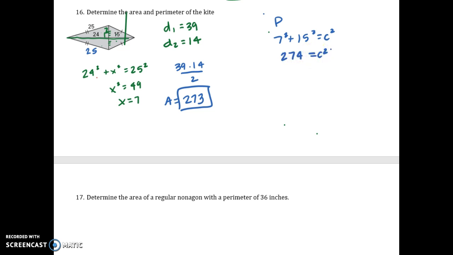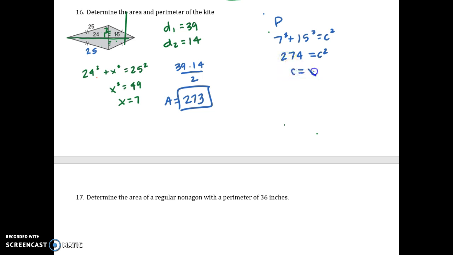And then again, it doesn't tell me that I'm allowed to approximate. So I got to think about 274 and if I can reduce 274. I know that 274 divides by 2, but I really have to think about the perfect squares, if it divides by any perfect squares. And I don't really think it does. I think 274 can't be reduced.